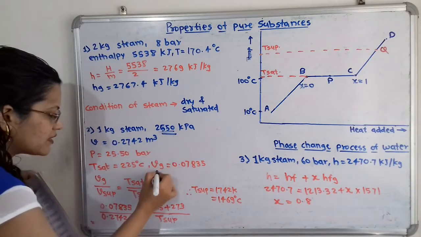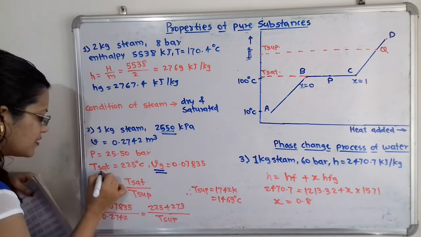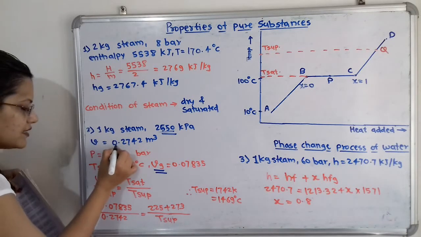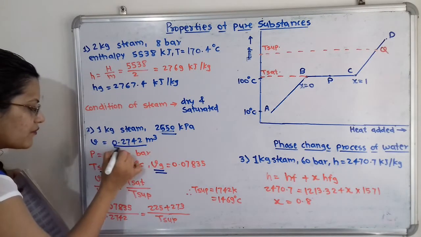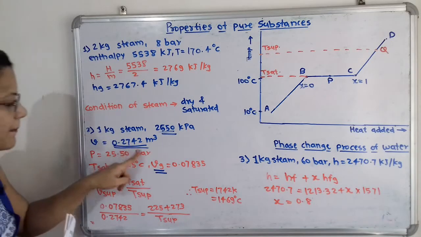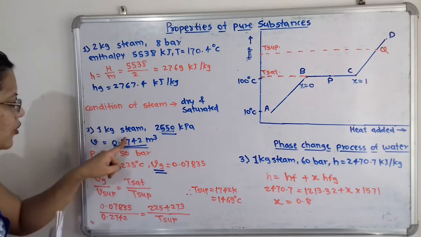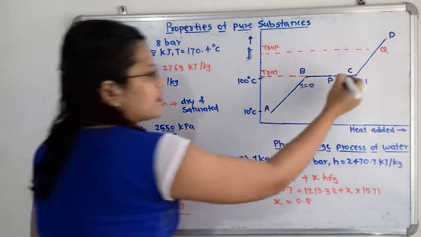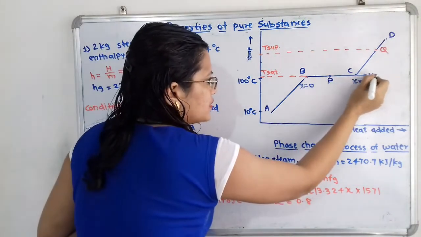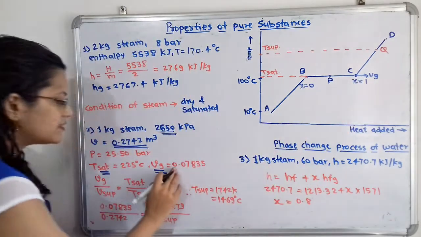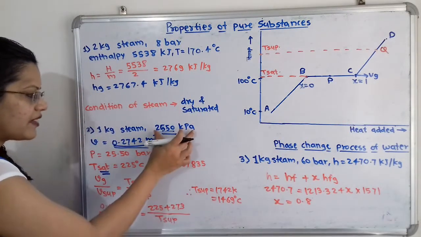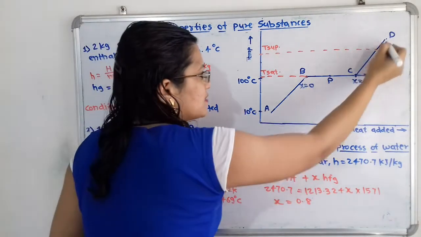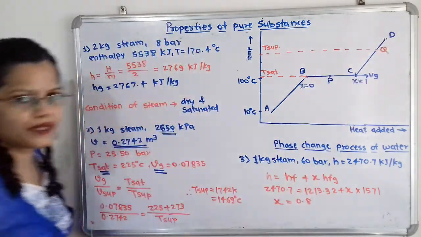At this pressure this is the Vg and this is the temperature, but the given volume is 0.2742. If we compare these two volumes, this volume is much larger than Vg, which is 0.07835 for this pressure, so we can say that the steam may be superheated.